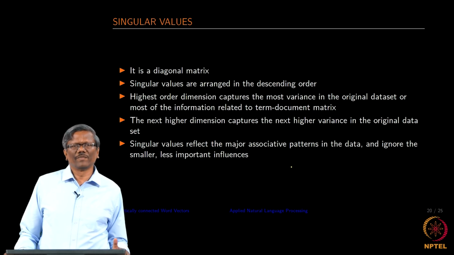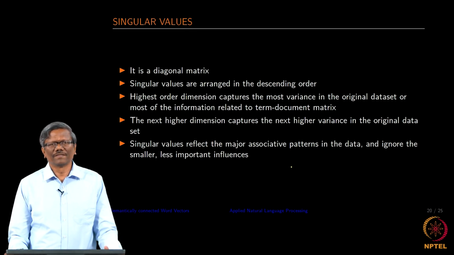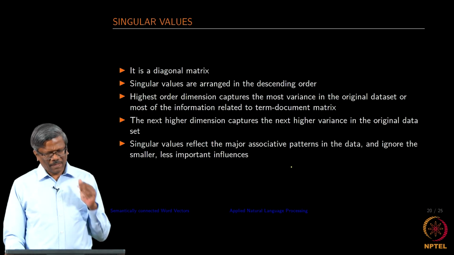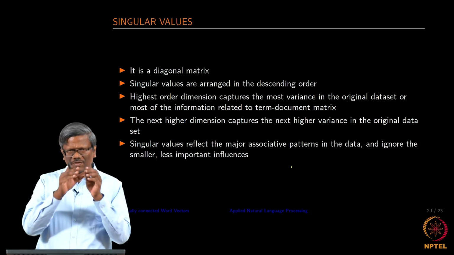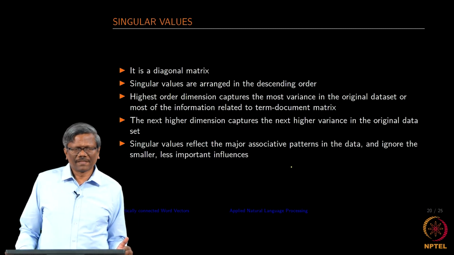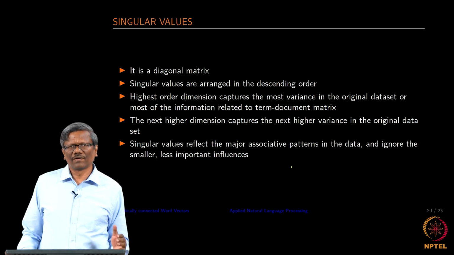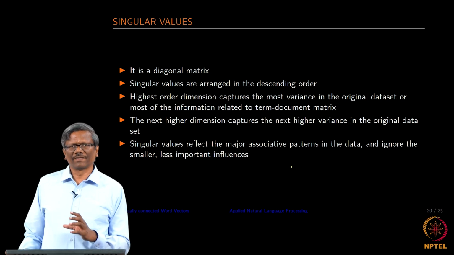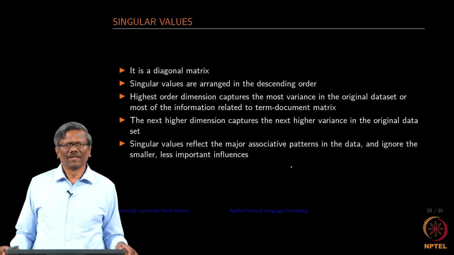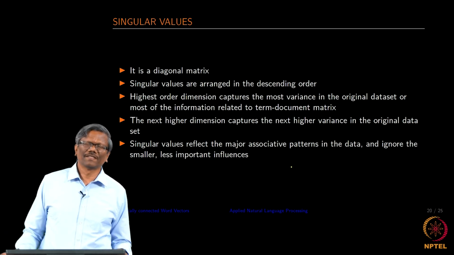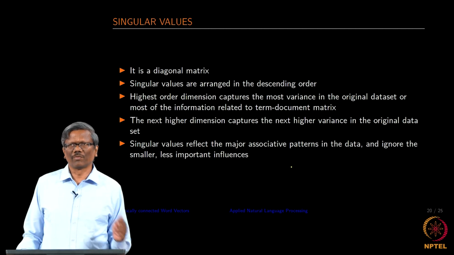Singular values reflect the major associative patterns in the data and ignore smaller and unimportant influences. So, what this means is, if you look at the singular values, the topmost one will have the highest value. That means it has captured the maximum variance within the term document matrix in the transform domain.